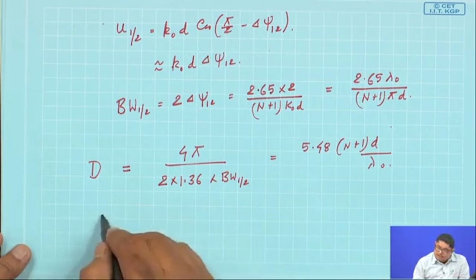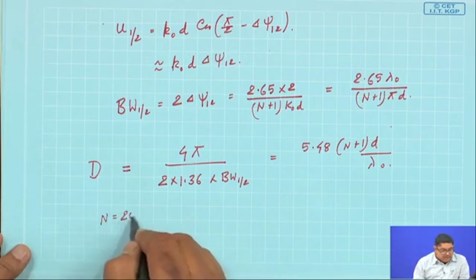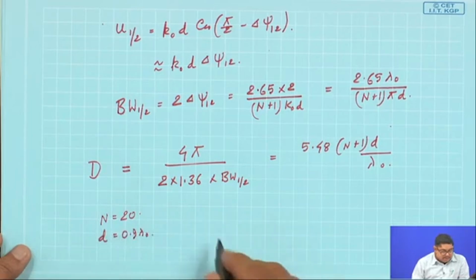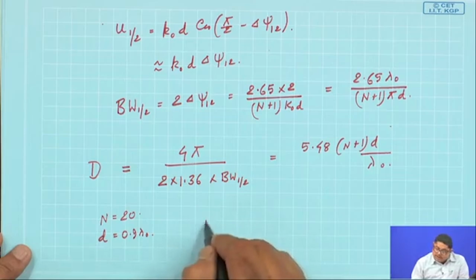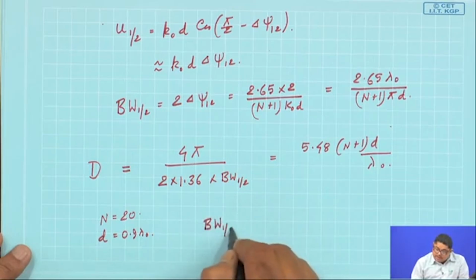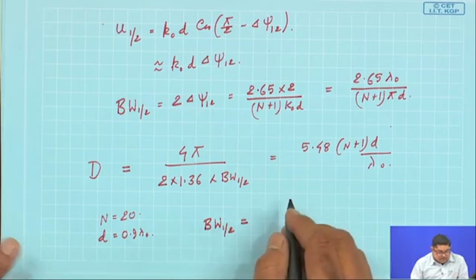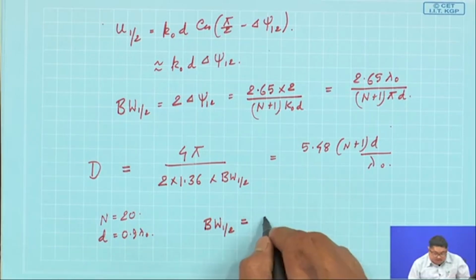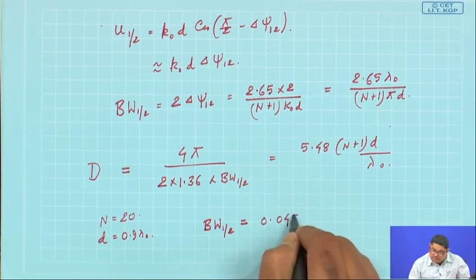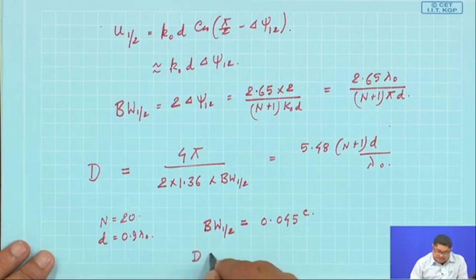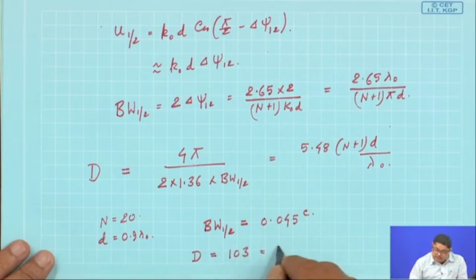So, for example, suppose 20 element and d is 0.9 lambda naught. You will see that this array antenna's beam width, if you do it, will come as 0.045 radian, and if you put that into the directivity, it will be something like 103, which is 20.1 dB.